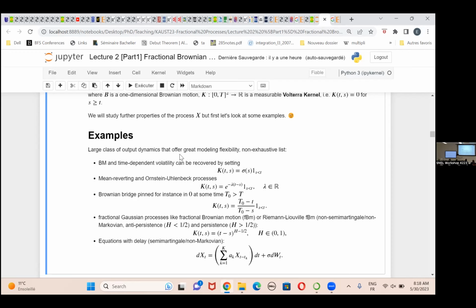If you take the coefficient equal to 0 and only one delay, then you get back to the Ornstein-Uhlenbeck case. And we saw that the explicit solution can be written in terms of the exponential kernel in integral form. The same idea happens here. So it's already a very simple object, but with the introduction of the kernel, you have a lot of flexibility.